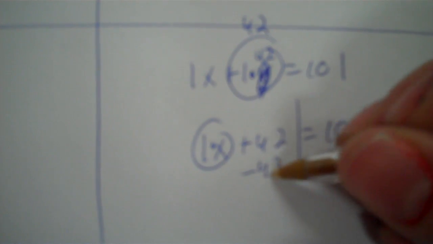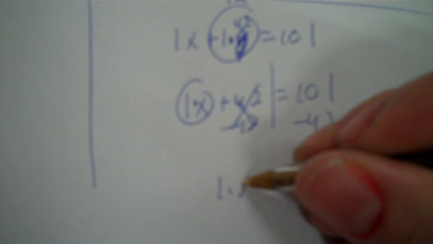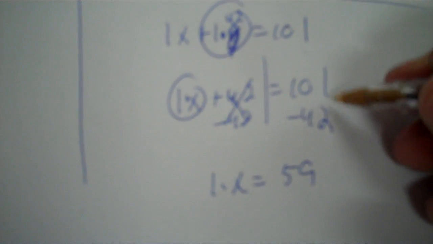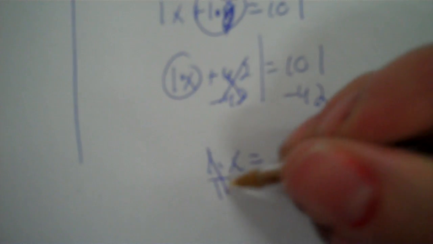Then we've got 1x plus 42 minus 42. So 1 times x is 59 is what that equals. And then you can divide by 1 or just get rid of the 1 because it's still 59. Dividing by 1 doesn't really change the value. Okay, so 59 students, see, 101 minus 42 would be 59.